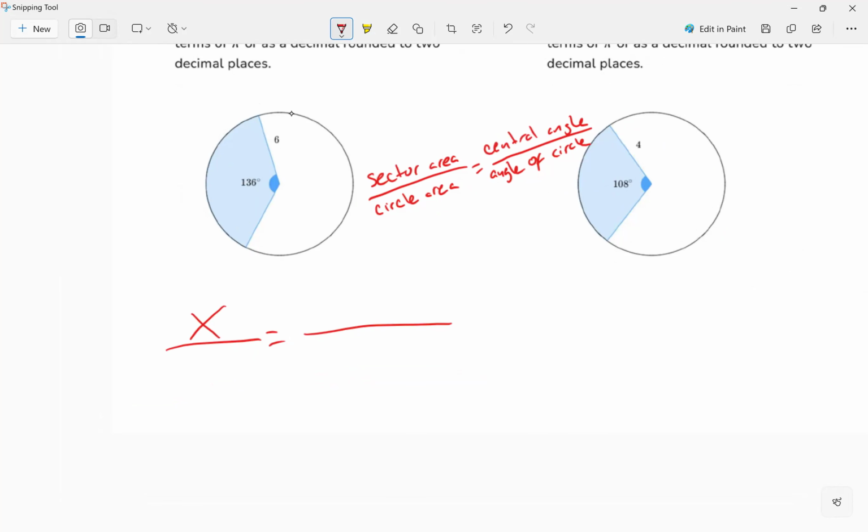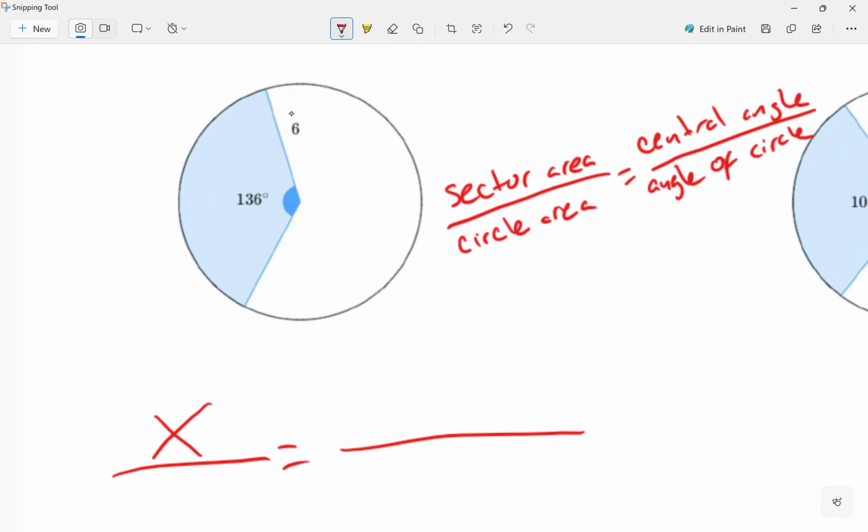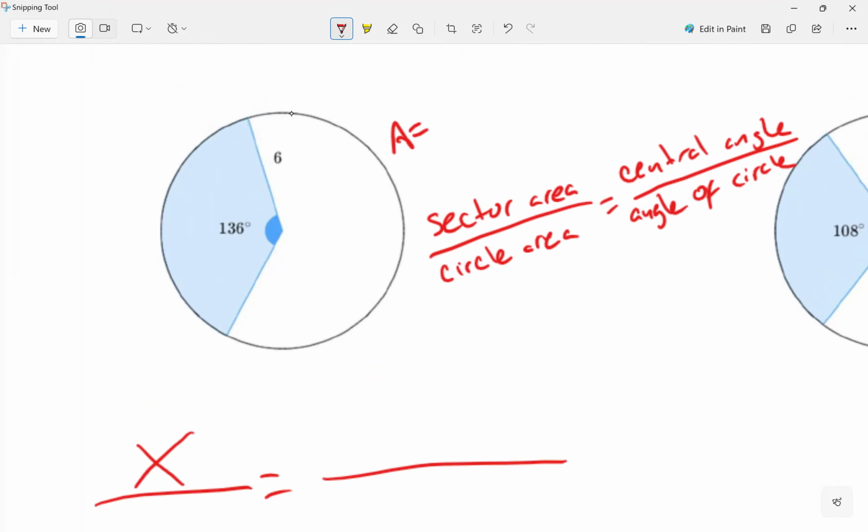Do we know the area of the circle? What's the formula for the area of a circle? Do you guys remember? Think about it. Didn't we learn it as radius squared times pi?